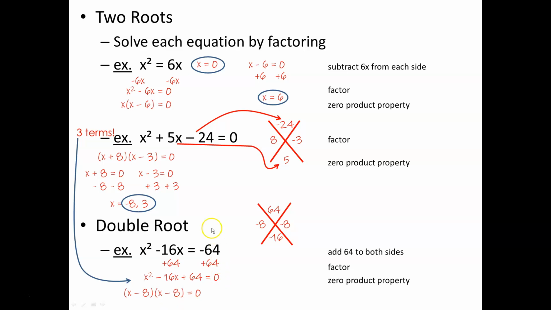Now, if we're trying to come up with a list of numbers and these are exactly the same, do we need to actually set both of those equal to 0? No, we don't. We only have to set one of them equal to 0. So we get x minus 8 equals 0. And if we add 8 to both sides, we get x equals 8. So we only have one root in this situation.